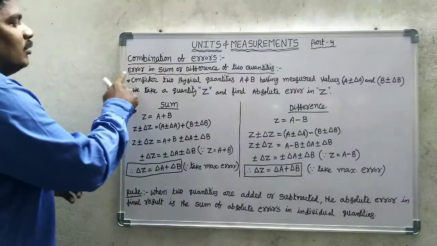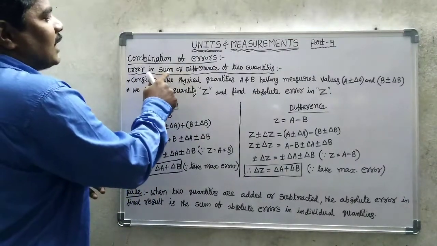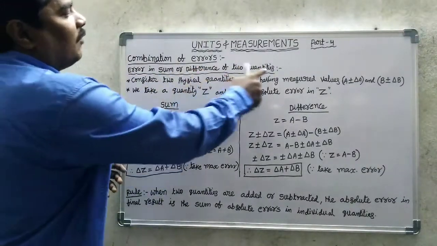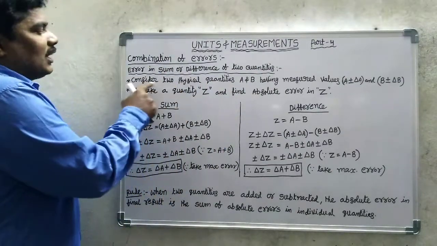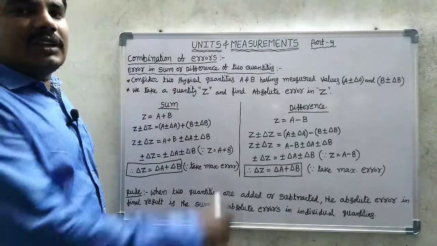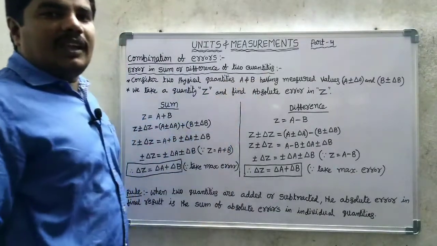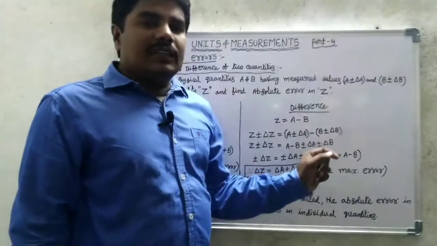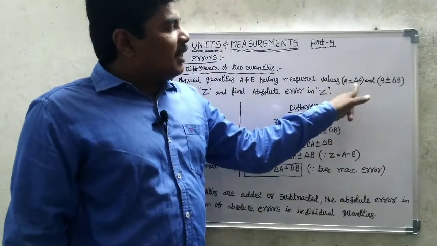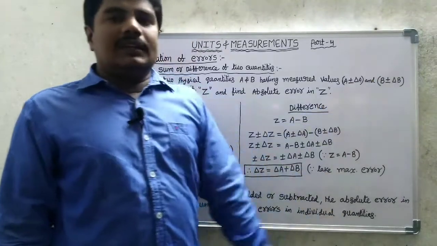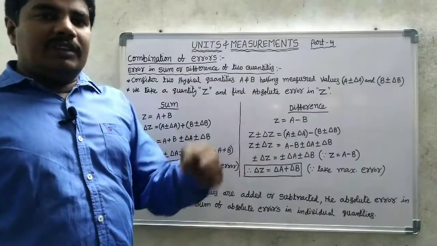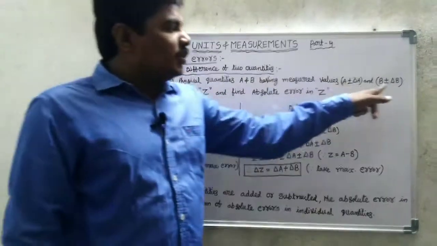First we learn about error in sum or difference of two quantities. For that, we consider two physical quantities A and B having measured values A plus or minus delta A and B plus or minus delta B. In previous class, we have discussed about this.